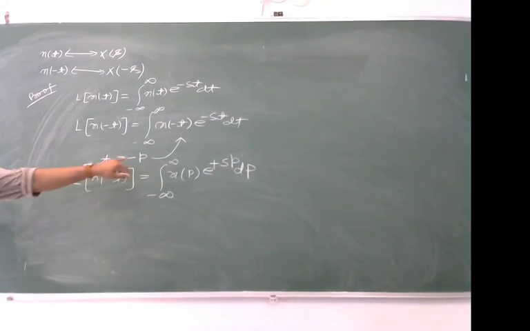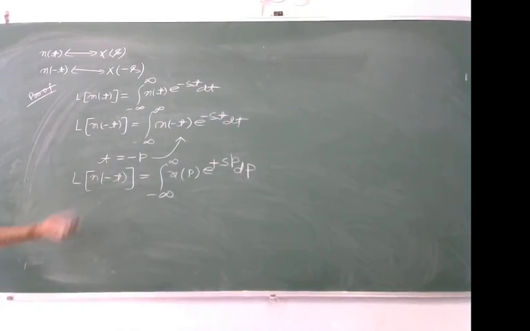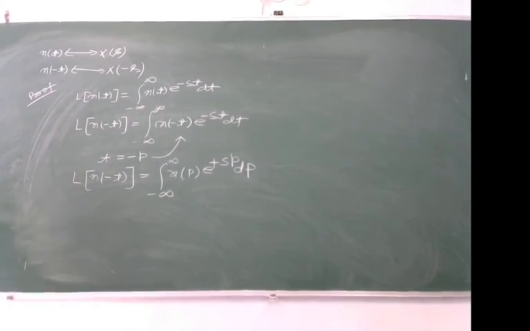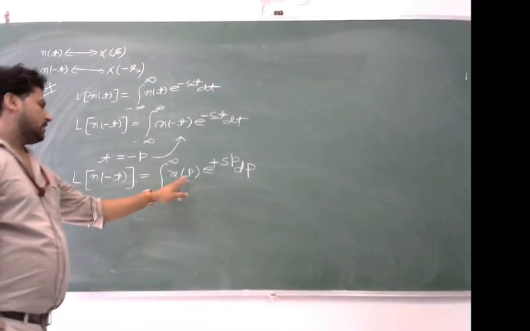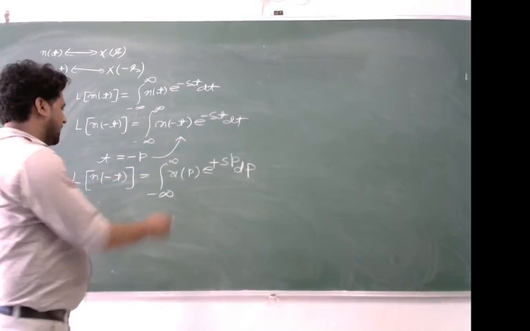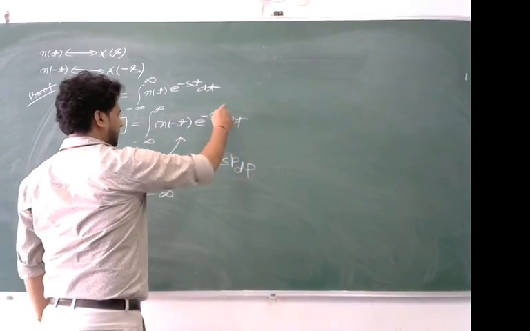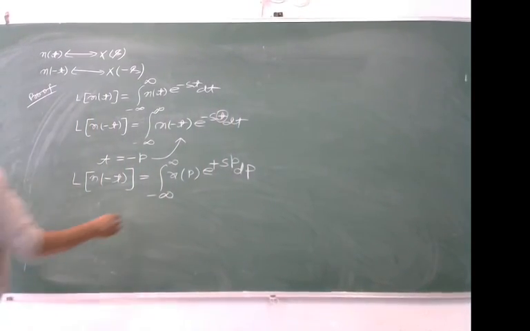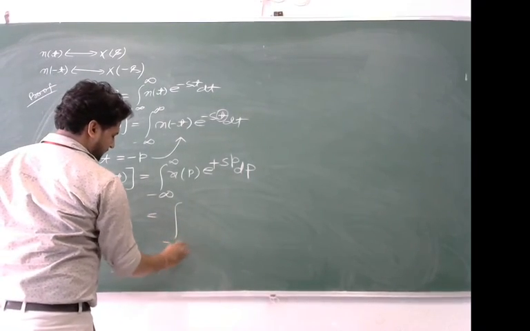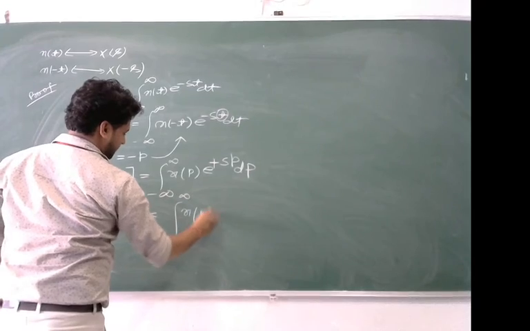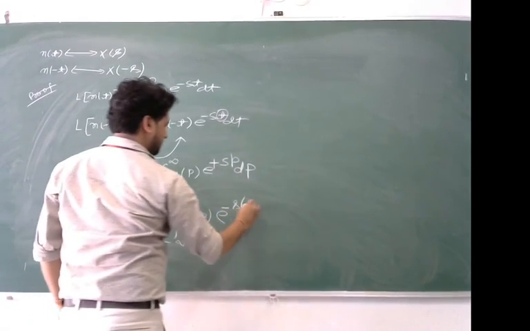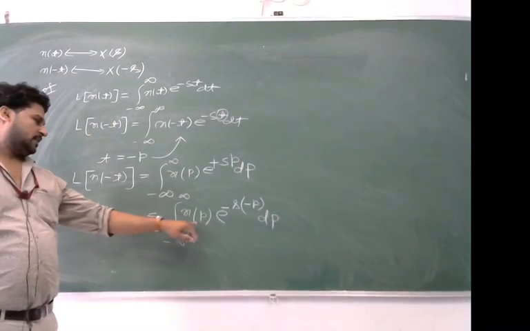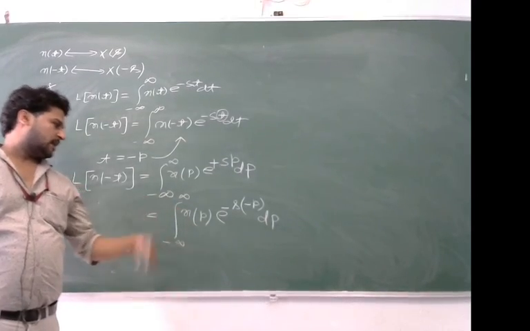This will become x of p e power plus st dp, because if t is equal to minus p, then dt will become equal to minus dp, and x of minus t will be equal to x of p, and when I replace t by minus p, this will become e power plus s p, and this can be written as the integration from minus infinite to plus infinite of x of p e power minus s into minus p dp.